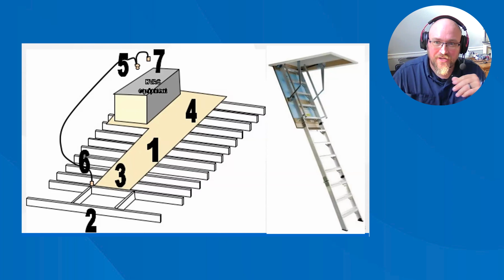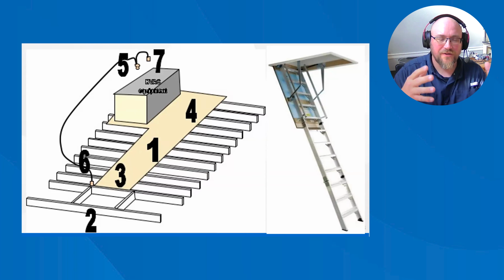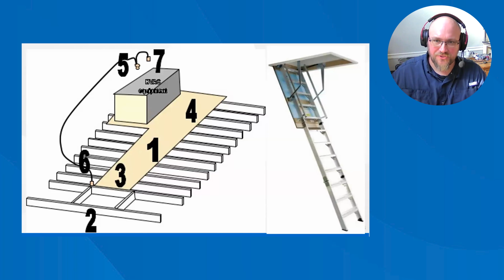And then on occasion, you're going to come across what are called sliding pull down ladders. A lot of times you're going to find those in really confined spaces, where they couldn't cut out the full structure to be able to put in standard attic pull down stairs.